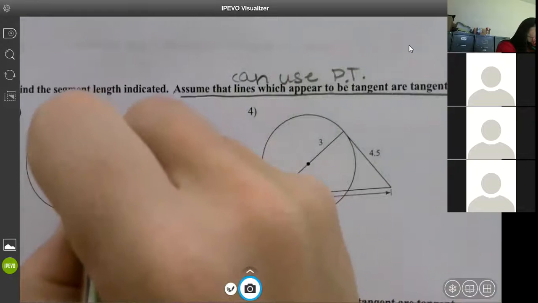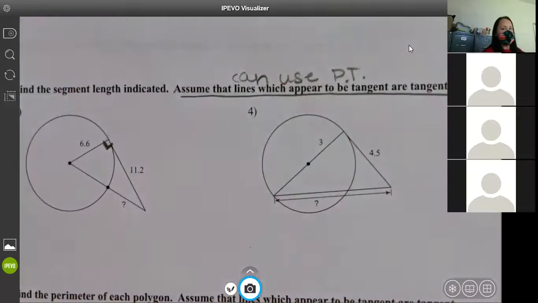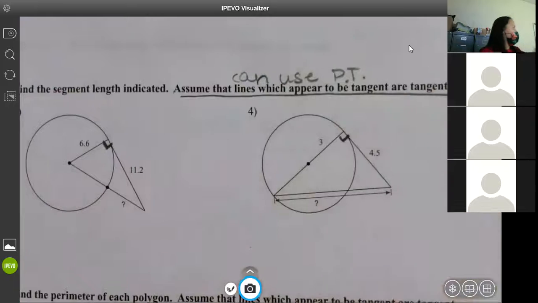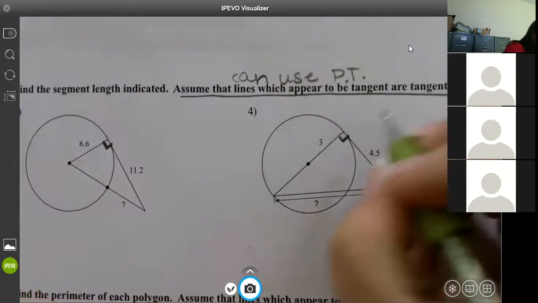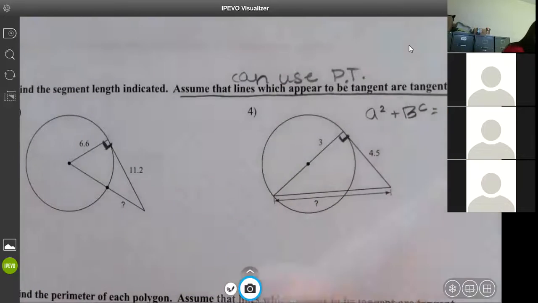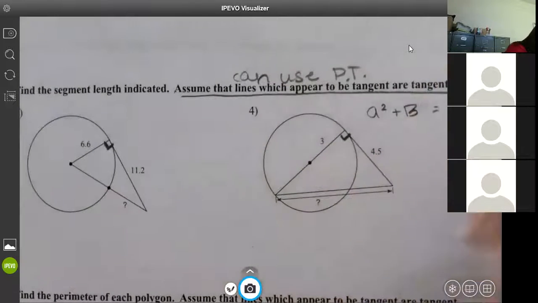Remember that our right angle is on the outside of the circle. I'm going to do number 4 first, and then we're going to come back to number 3. Number 3 is actually a little bit harder than number 4. So number 4, we're going to write our Pythagorean theorem.